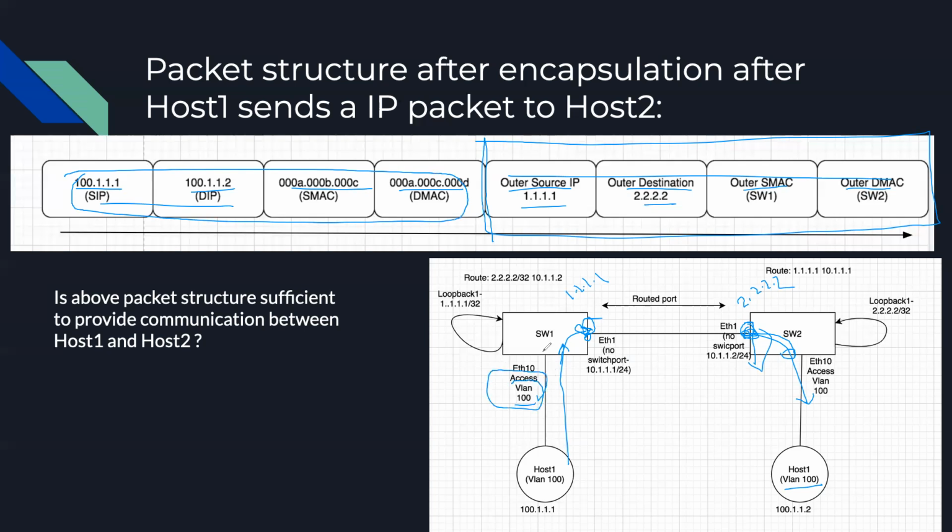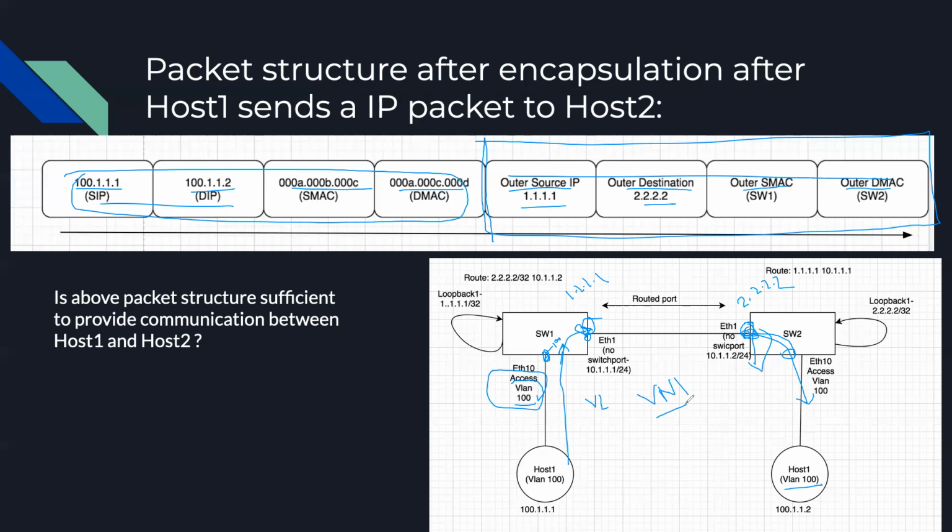At least from this access port, we were knowing that this traffic belongs to VLAN 100. But when we reach here and we decapsulate, removing this outer header, we don't know which VLAN this packet belongs to, right? So that's why we need to add an extra header, which is nothing but the VLAN to VNI mapping, basically VNI information.